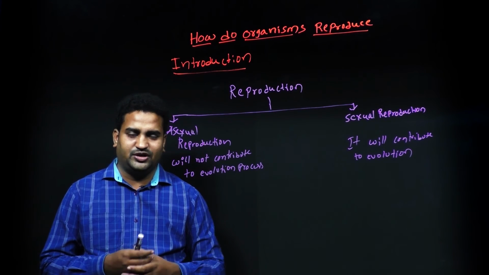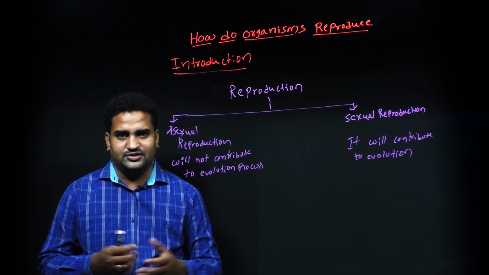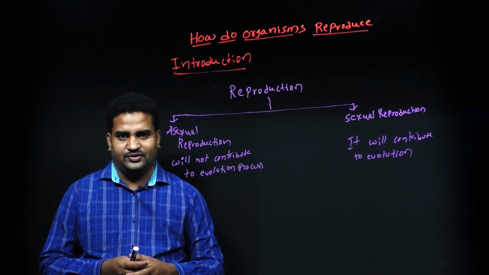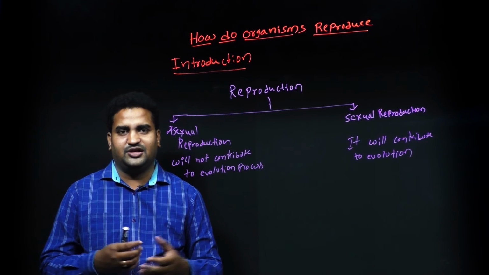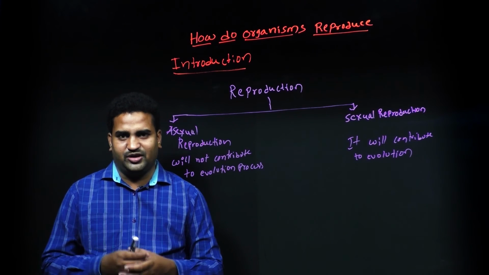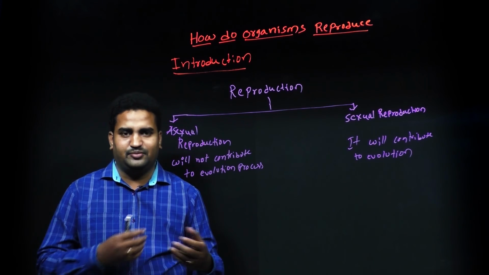But in sexual reproduction, the offsprings or young ones are not similar to each other and also not similar to their parents, because there is a combination of different types of genes from father and mother.